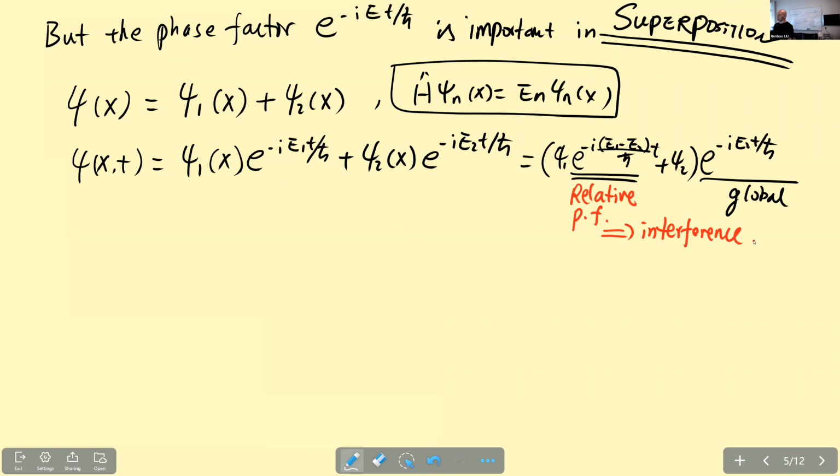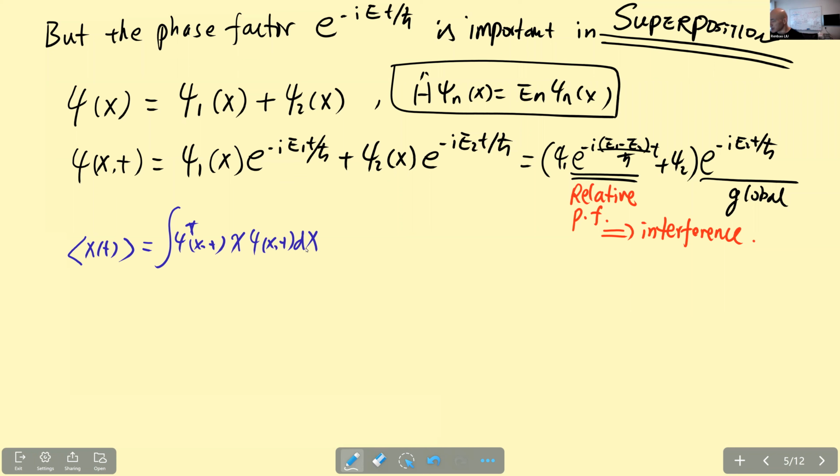Okay, and let's do the calculation for x again, to see what will happen. We do the measurement of this state at time t, and then we know that this will be psi(x,t) complex conjugate, x, psi(x,t). Do the integration over x, and you know that this global phase factor will just cancel.